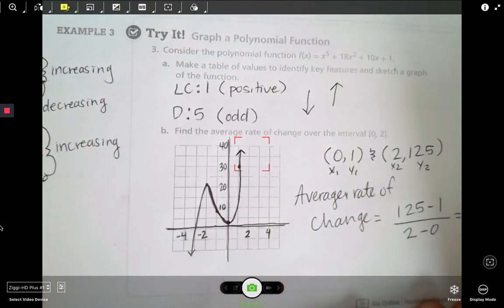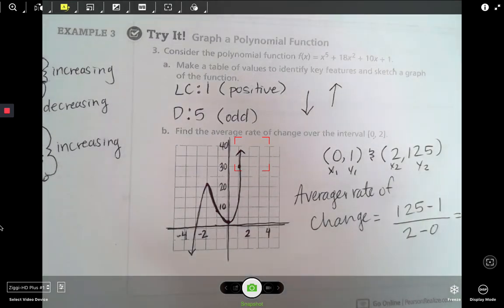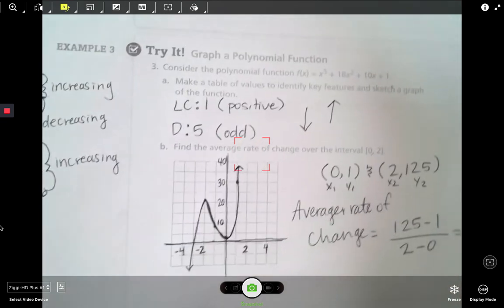So our average rate of change would be 62 between those intervals. Everybody got this?